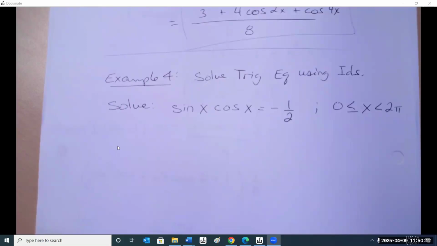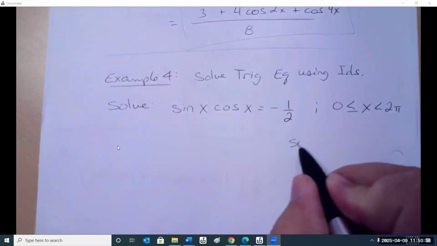So do we have any identities we can use here so far? Let's look at our formulas. Half of sine 2x. Right, sine of 2x would equal what?